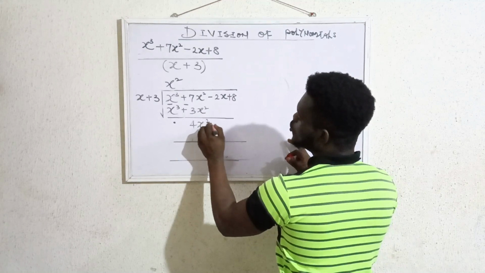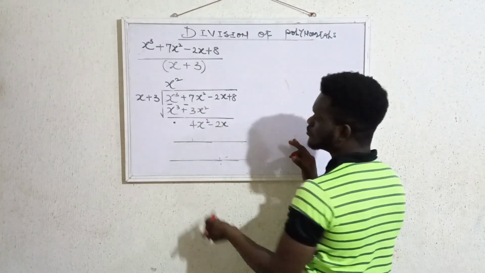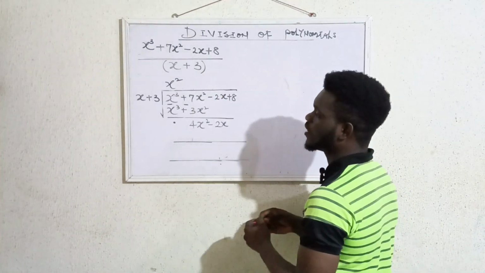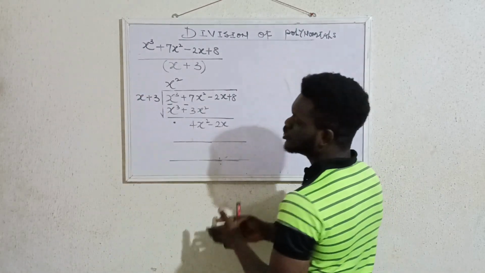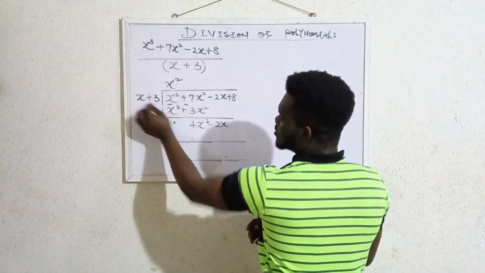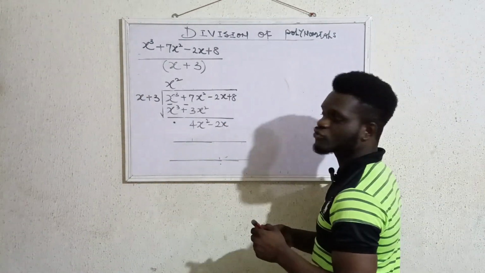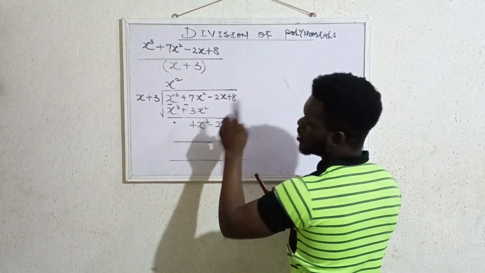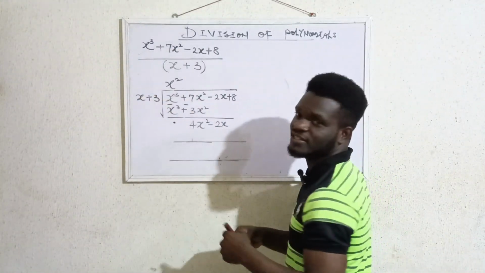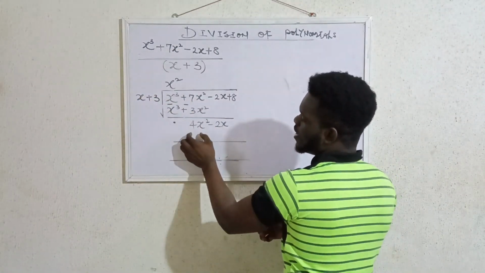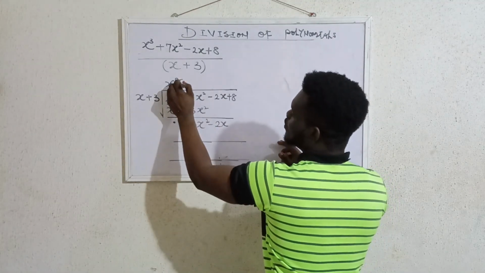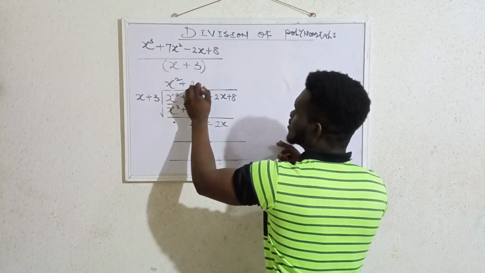So the next thing you do is you drop this next number, 2x, which is the next number that follows after. Now the same thing applies, the same mode of operation. X into 4x squared. So we are saying 4x squared divided by x. So 4x squared divided by x, you are going to come out with a positive 4x.